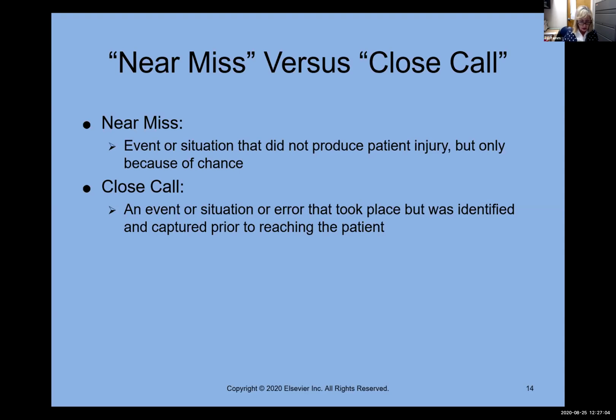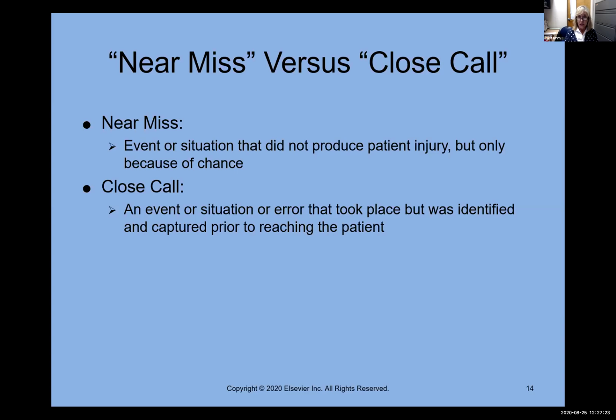A close call is an event that was identified and stopped prior to getting to the patient. So for example, let's say that a pharmacy tech put the medication into the wrong bin.